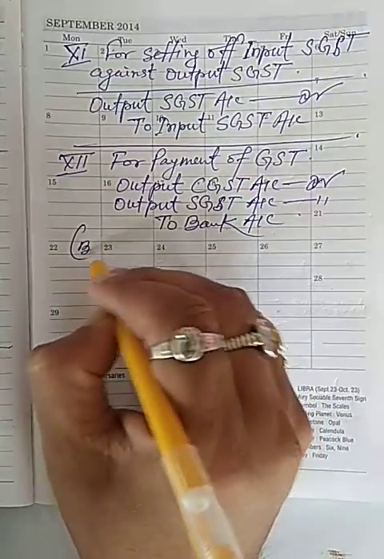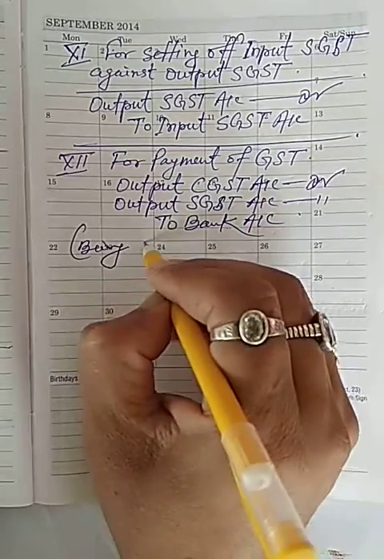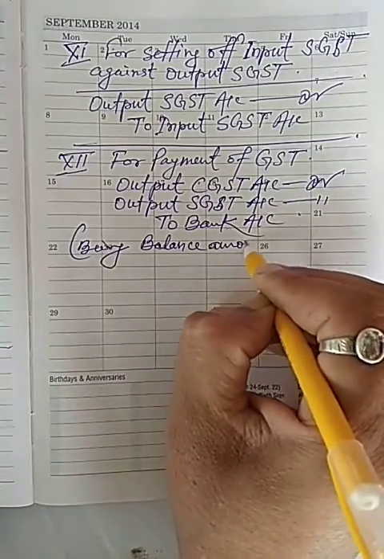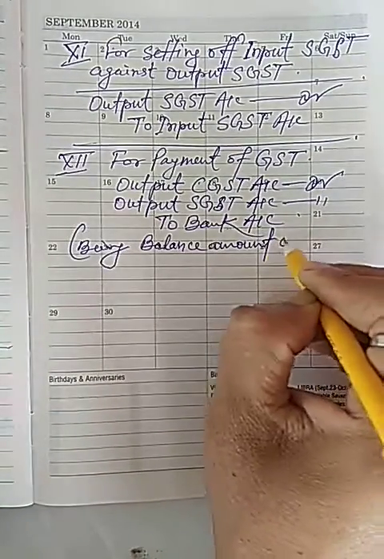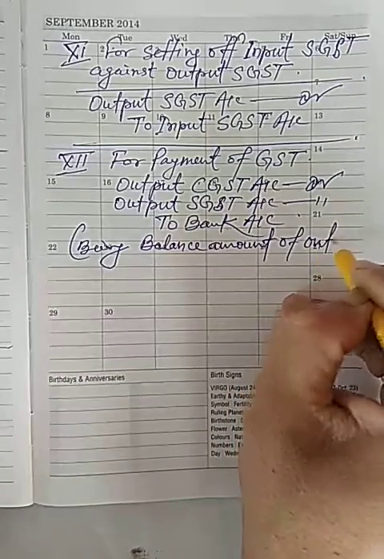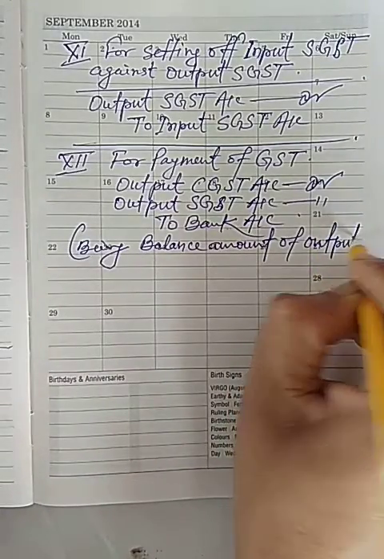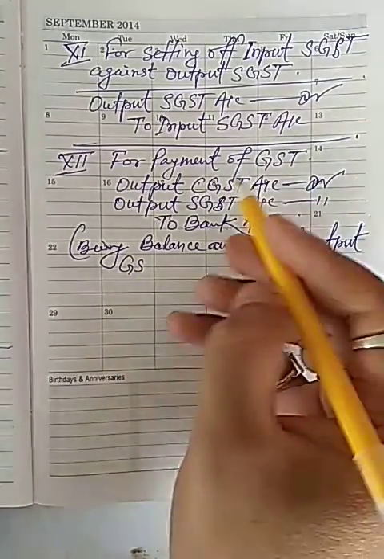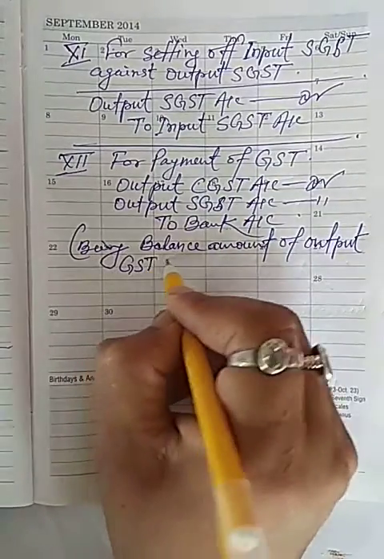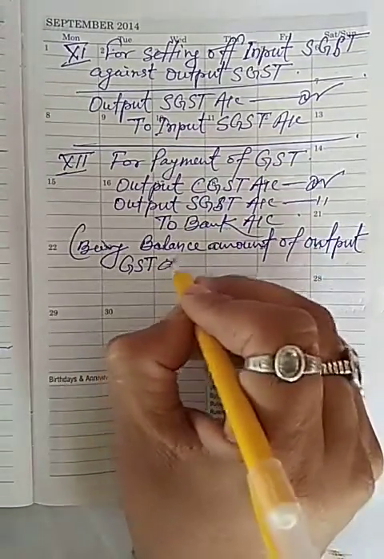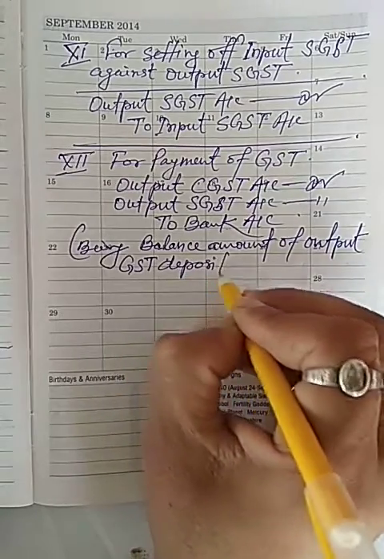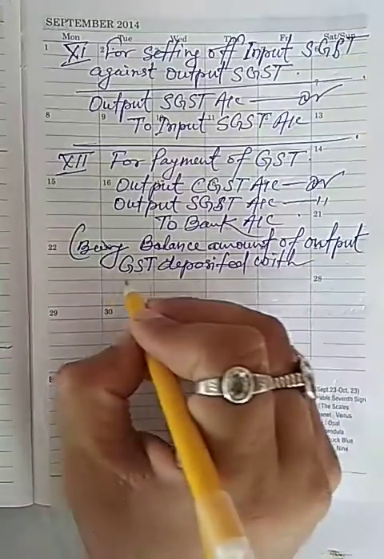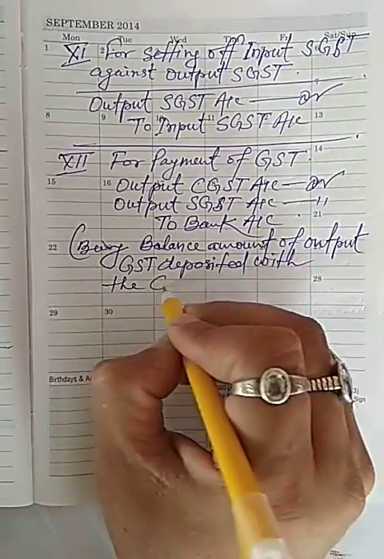Being balance amount of output GST, not CGST or SGST, only GST, deposited with the government.